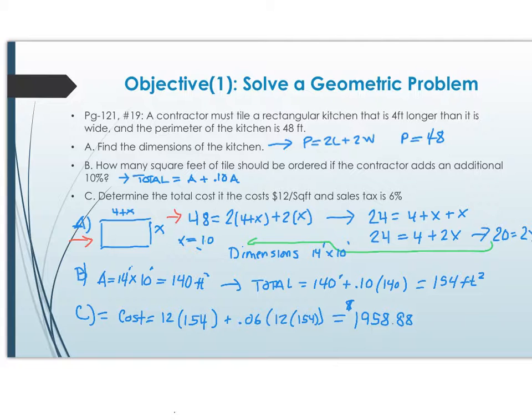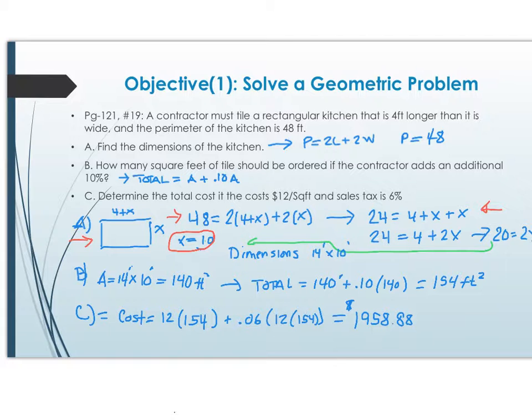I'm going to divide both sides of the equation by 2, and I get 24 is equal to 4 plus x. I combine the x terms. I get 24 is equal to 4 plus 2x, so that means that 20 is equal to 2x, and so the width x is equal to 10 feet, so my dimensions of the kitchen are 14 feet by 10.